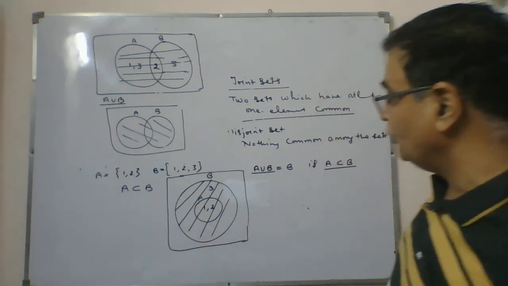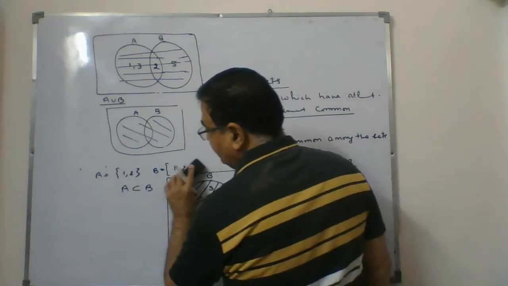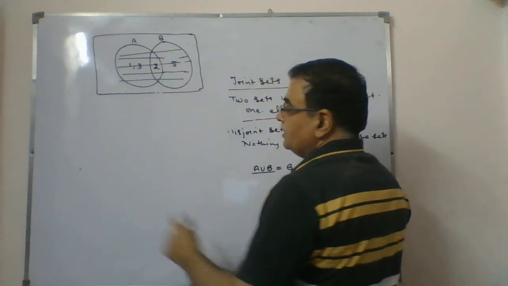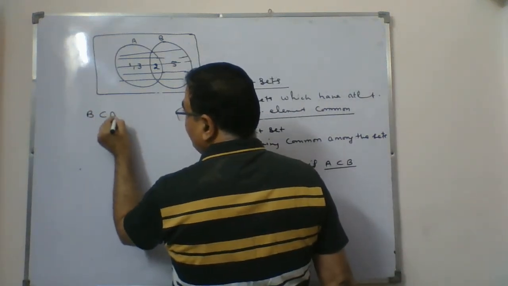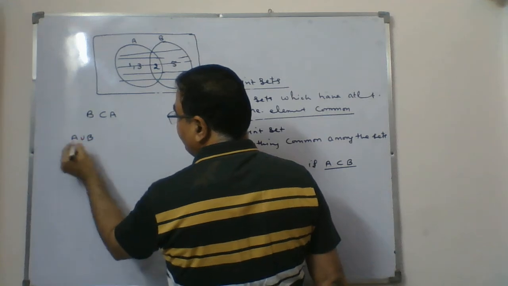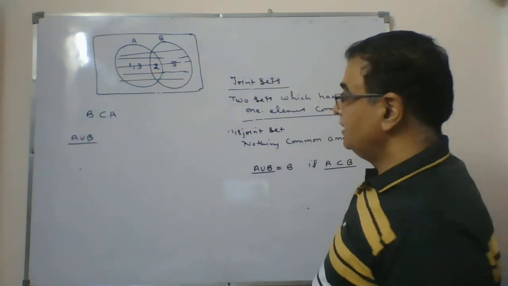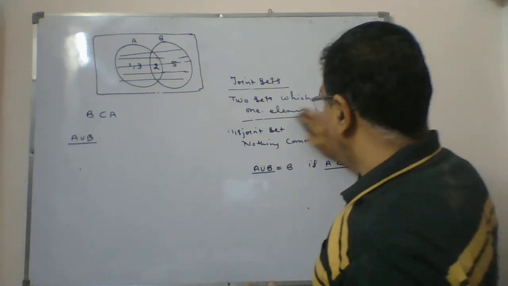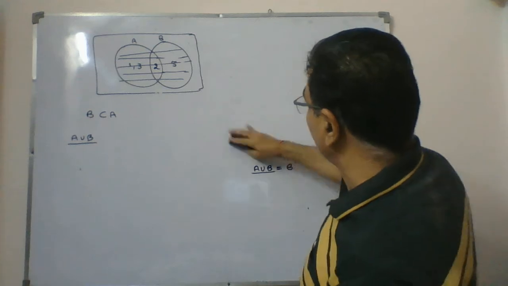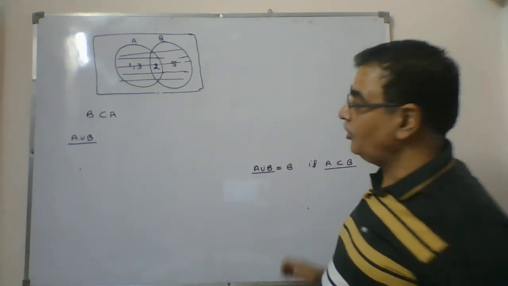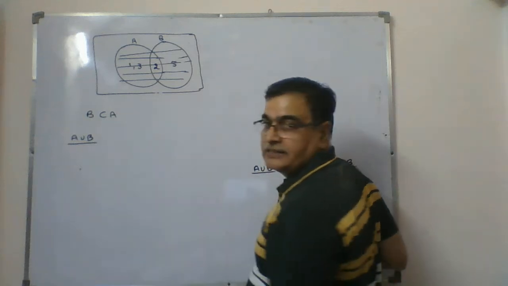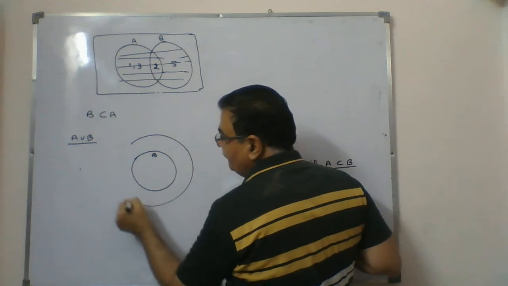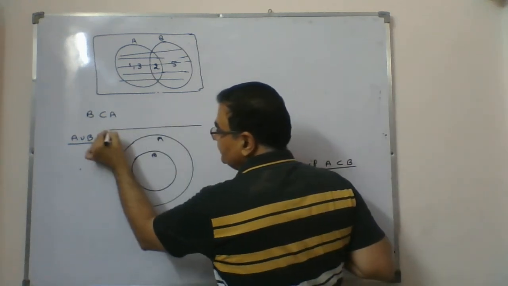By the way, if it goes the other way, let me take the example this way. B is a subset of A. Then my question is, make the Venn diagram of A union B. When B is a subset of A, it means B is completely inside A. So B will be here, A will be outside it, and this will be the rectangle.